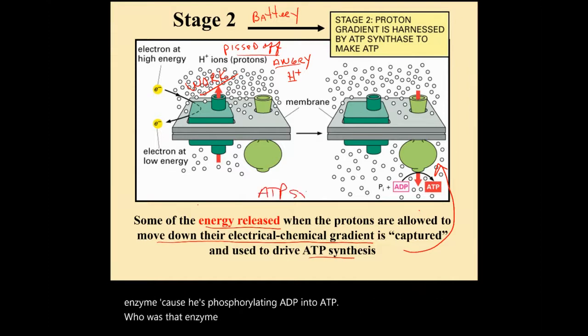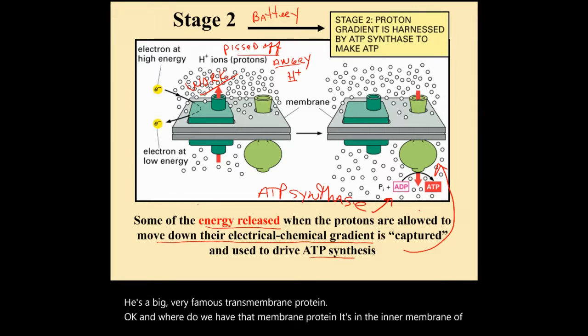ATP synthase. And where is ATP synthase then located? He's an embedded membrane, a transmembrane protein. He's a big, very famous transmembrane protein. Okay? And where do we have that membrane protein? It's in the inner membrane of the mitochondria.